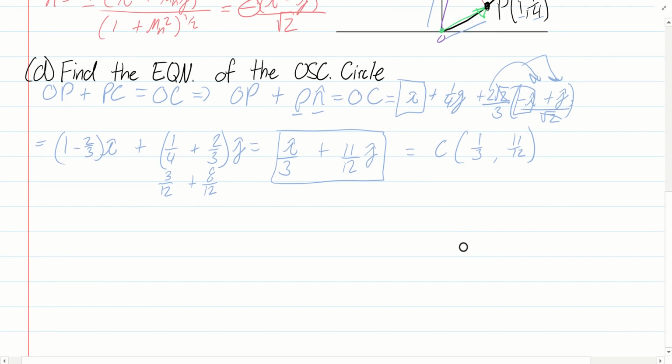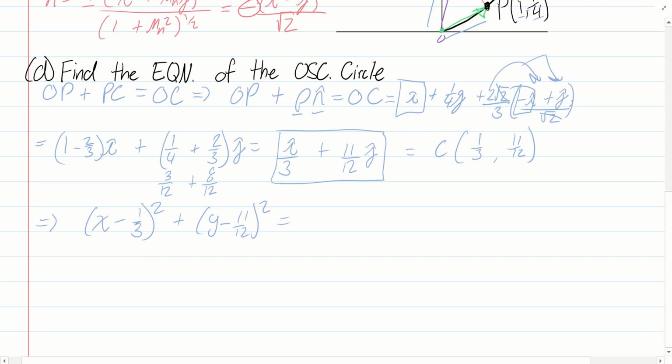So now we can solve for the equation of our circle, which is going to be x minus h squared plus y minus k squared.